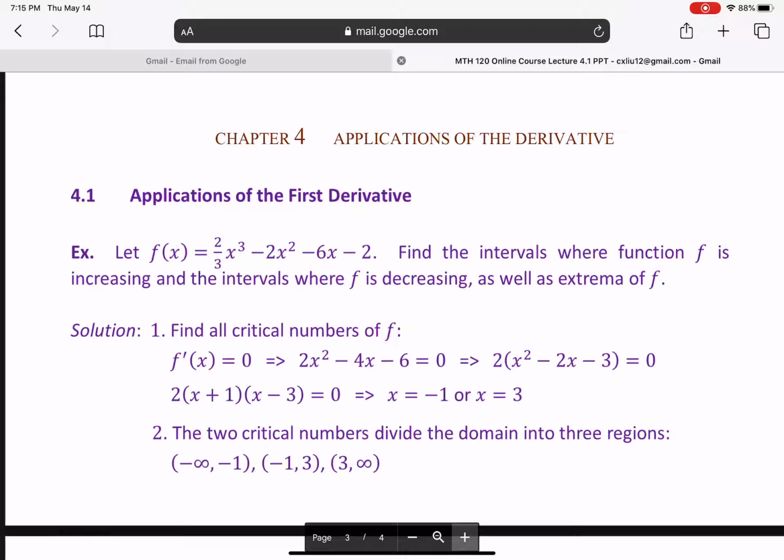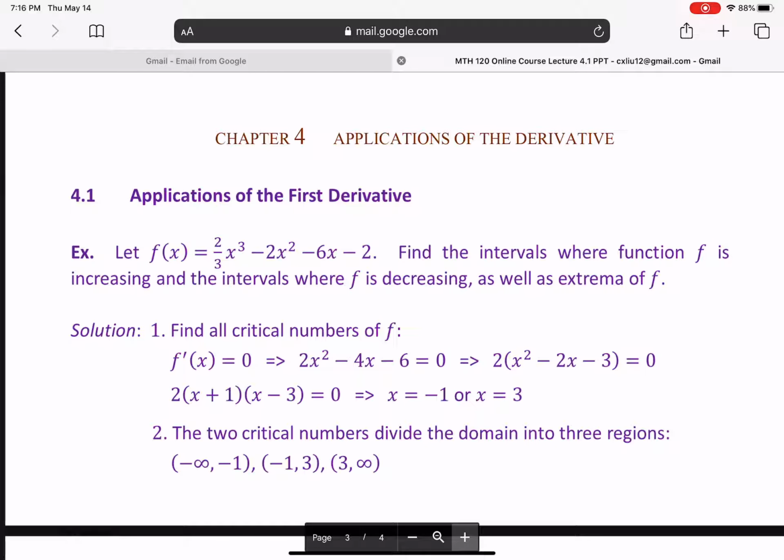We have a function f equal to 2/3 x cubed minus 2x squared minus 6x minus 2. And we need to find the intervals where function f is increasing and the intervals where f is decreasing, as well as the extrema of the function f. This is a polynomial function, and it is differentiable for all real numbers, and the domain of the function is all real numbers also.